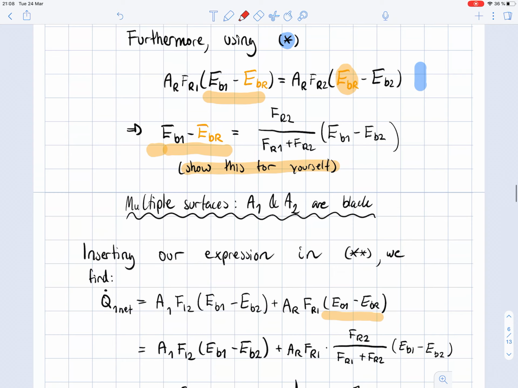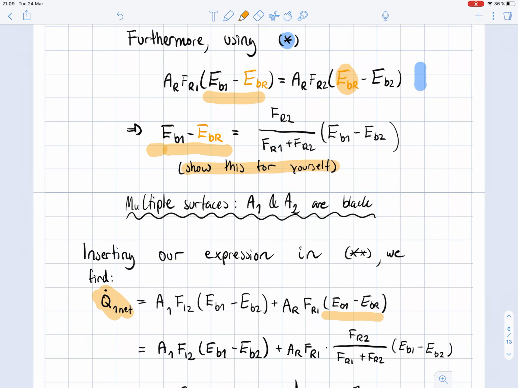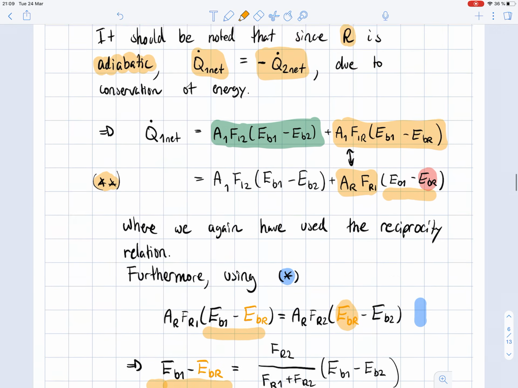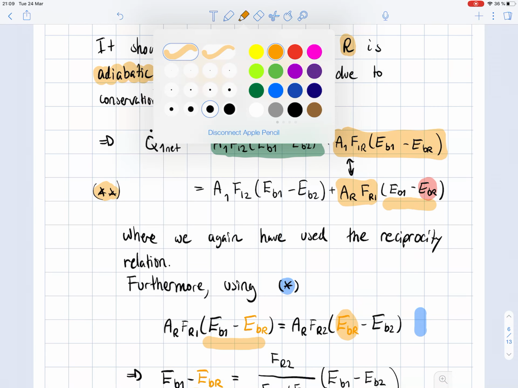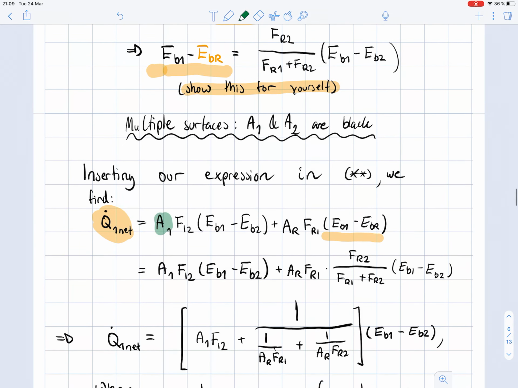So as I said, we introduce our result from equation star into double star to find the net heat transfer rate from surface number 1. The first term here is just the green one, Q12, we have here.